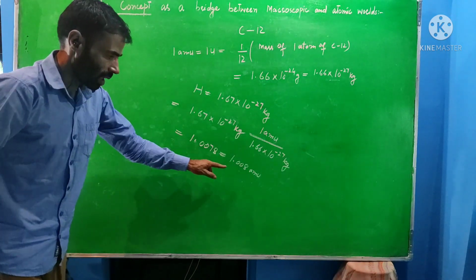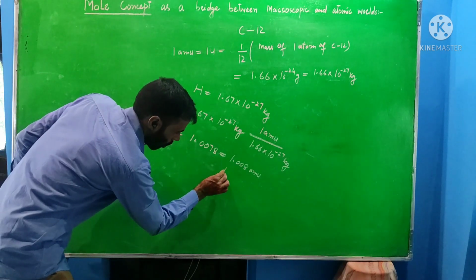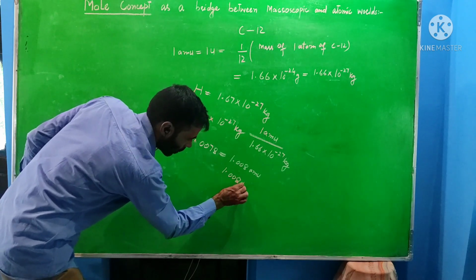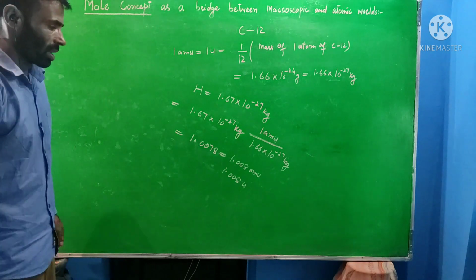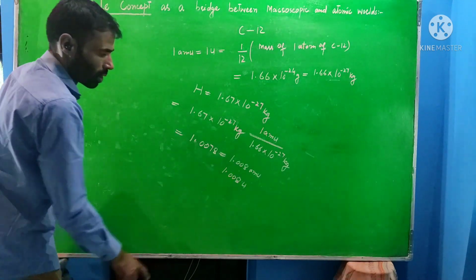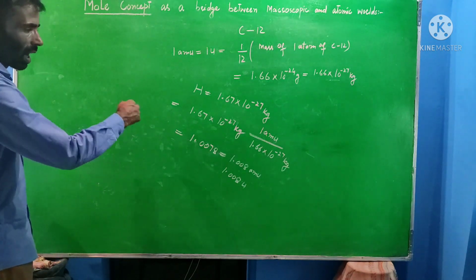This is written in this way instead of AMU. Now the more recent term is U, unified mass. This is now replaced by U. So 1.008 U is the atomic mass of hydrogen.